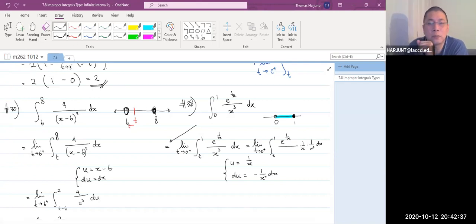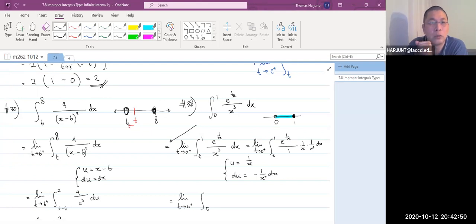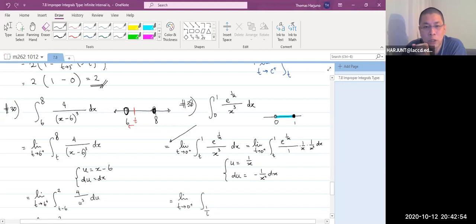So this then becomes the limit as t goes to 0 from the right hand side, integral from, actually 1 over t now. That's 1 over t here, while this one, 1 over 1, is still 1. That's e to the u times negative du.